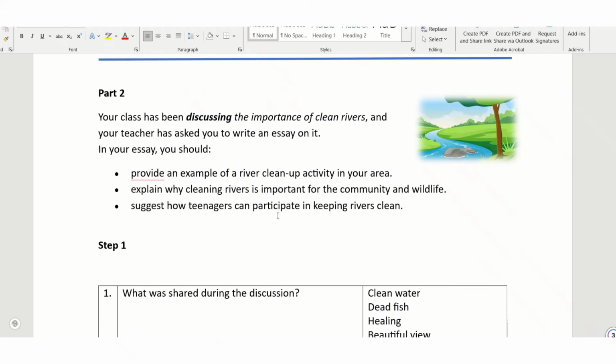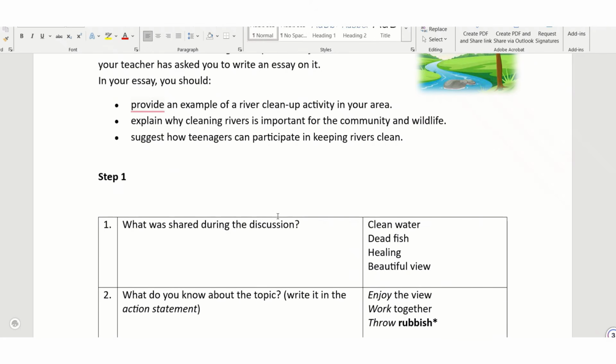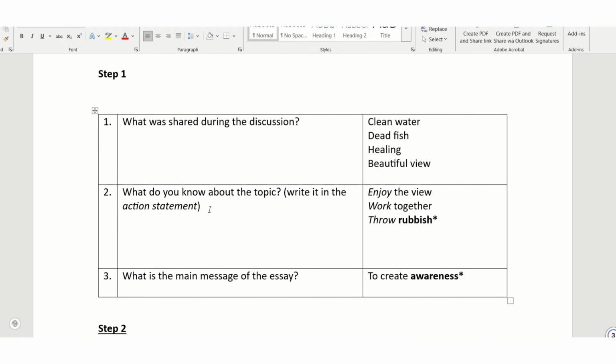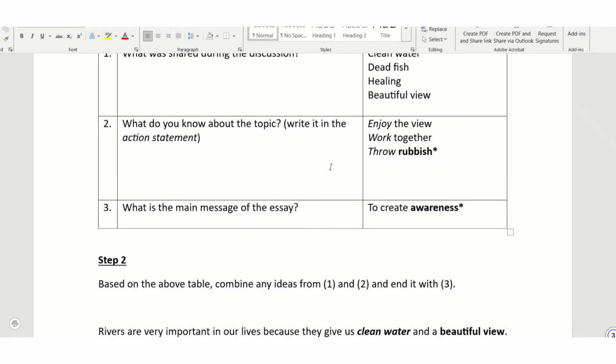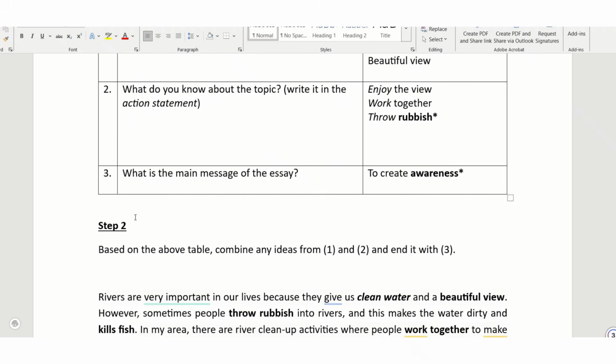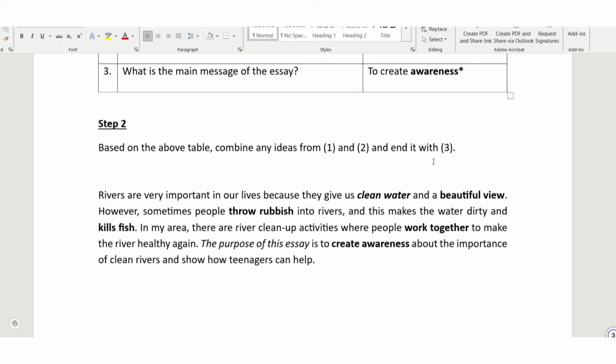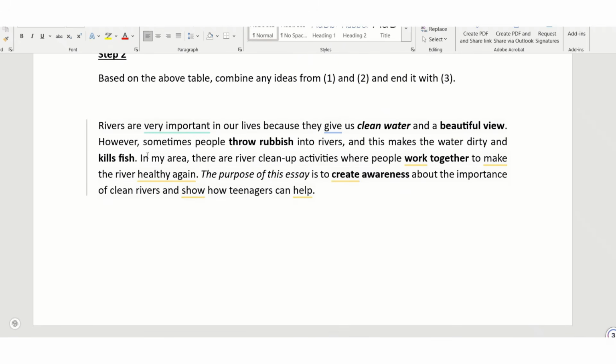We're going to imagine what other ideas could have been shared in an actual discussion, write what they already know about the topic, and think about the main message of the essay, or in other words, the purpose of the essay. Then combine everything, and they can actually have an introduction paragraph.